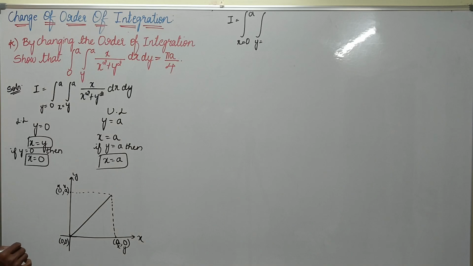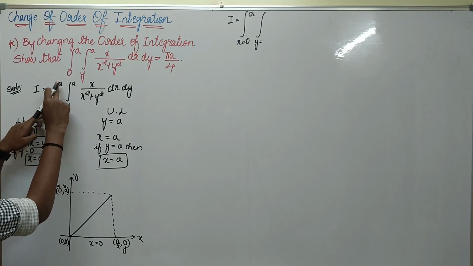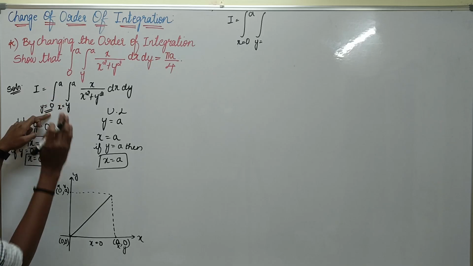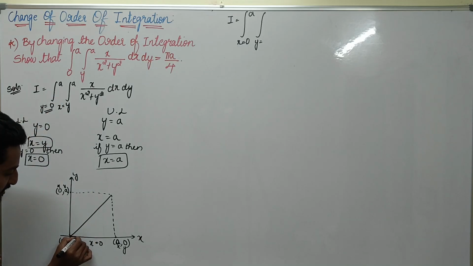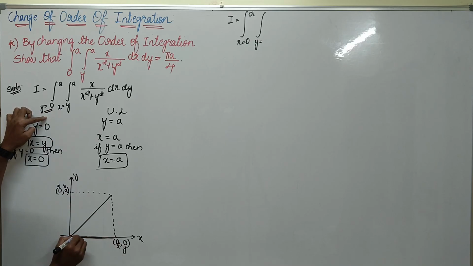Now, since x is equal to a and x is equal to 0, the initial line starts from here. It starts from 0 to a. First, let us check the limit point. The initial line is y equal to 0.